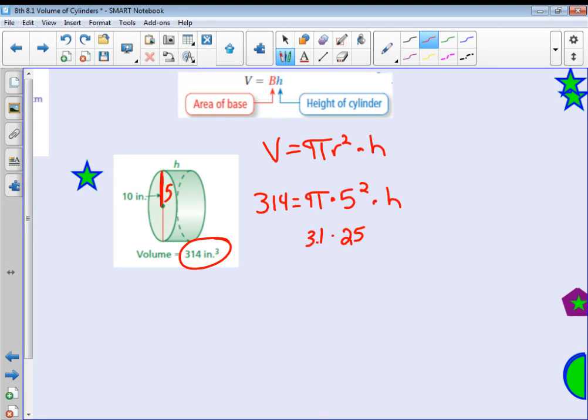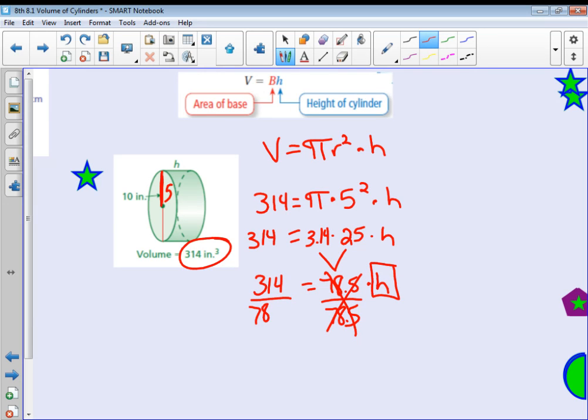Pi is 3.14, then height, and then we have 314. Those two together, 3.14 times 25, gives me 78.5 times our height equals 314. And then to get h by itself, it was multiplying, so we're going to divide by 78.5 because we're trying to isolate h to find out what h is.